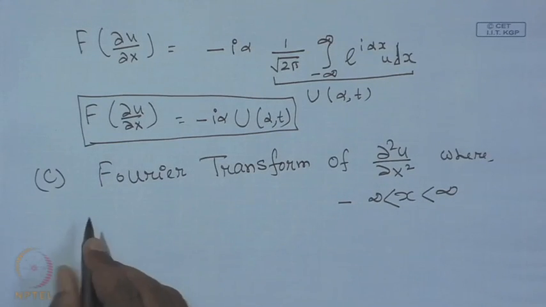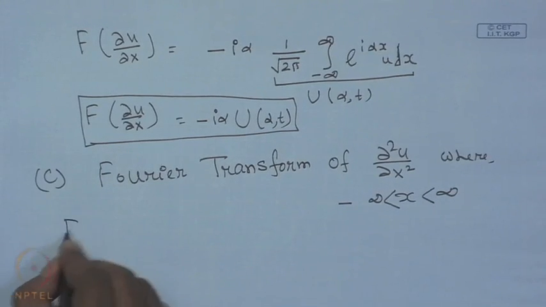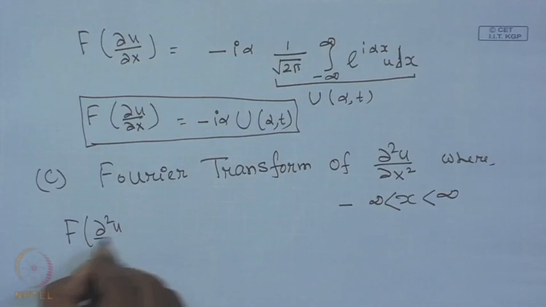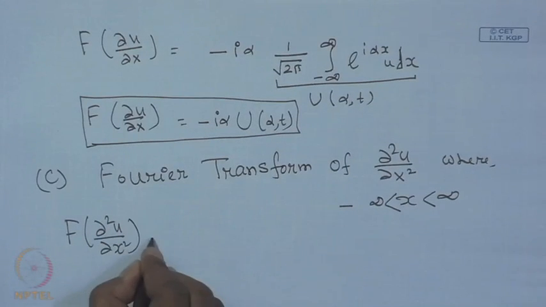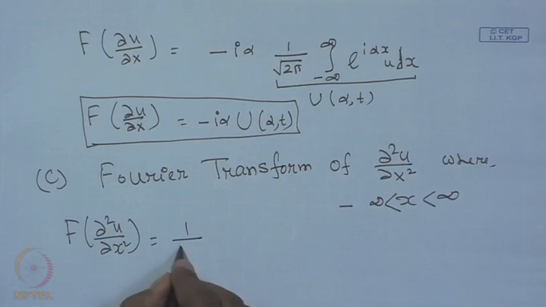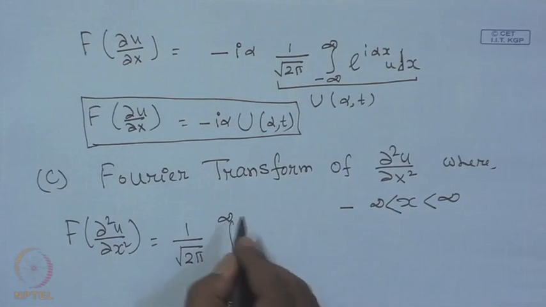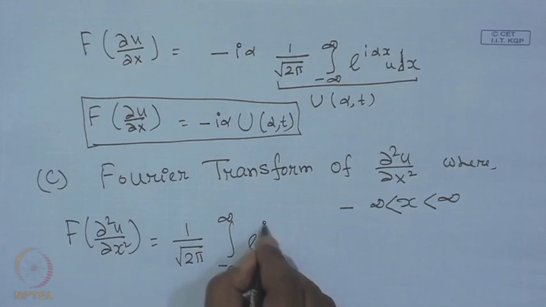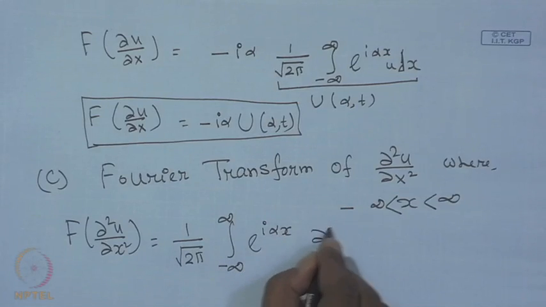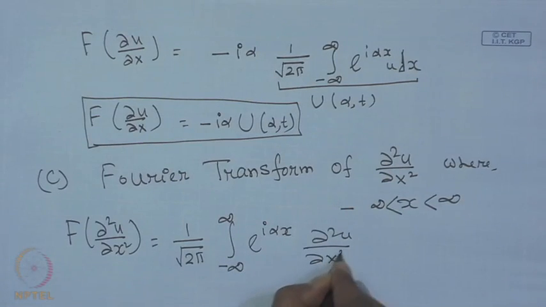So, let us take the Fourier transform of del square u del x square, that is 1 over root 2 pi, integral from minus infinity to plus infinity of e to the power i alpha x del square u del x square dx.